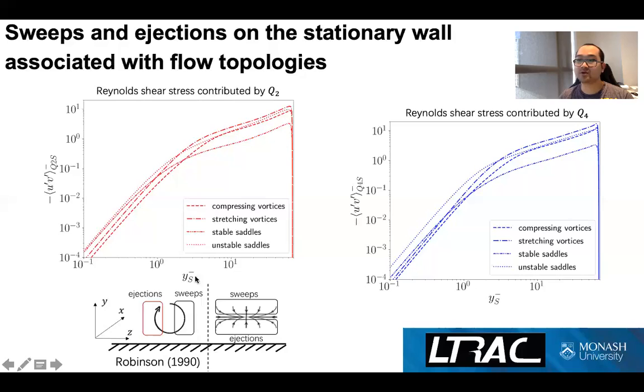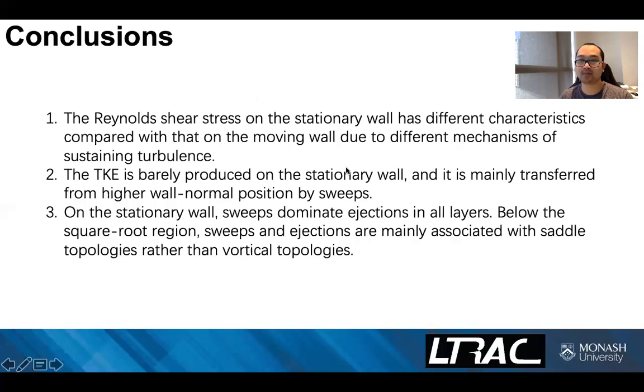We can draw a typical conceptual model. The left model was proposed by Robinson, which shows sweeps and ejections associated with the vortical structures in canonical flow. On the right-hand side, it shows the sweeps and ejections with the saddle topologies, which is our explanation about the association on the stationary wall in our case.